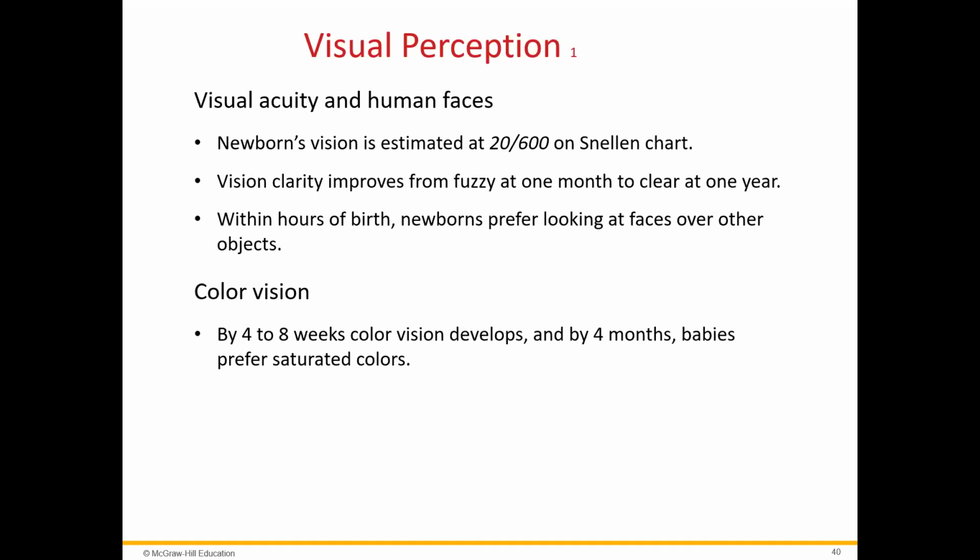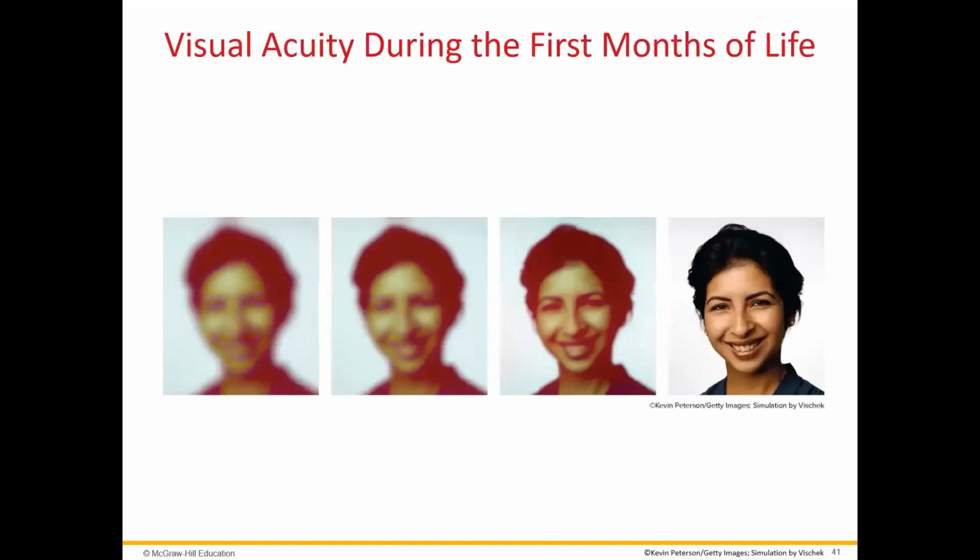Okay. This is what I'm talking about. So this is an estimate. We can't tell for sure, but this is what a baby's perception is like at different times. That first picture is from 1 month of age, and at the newborn stage it would be even fuzzier.